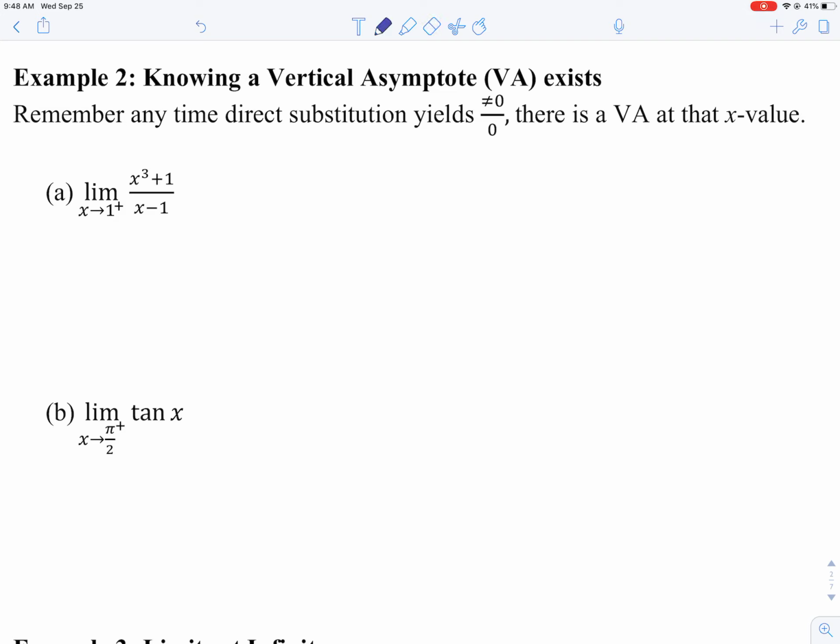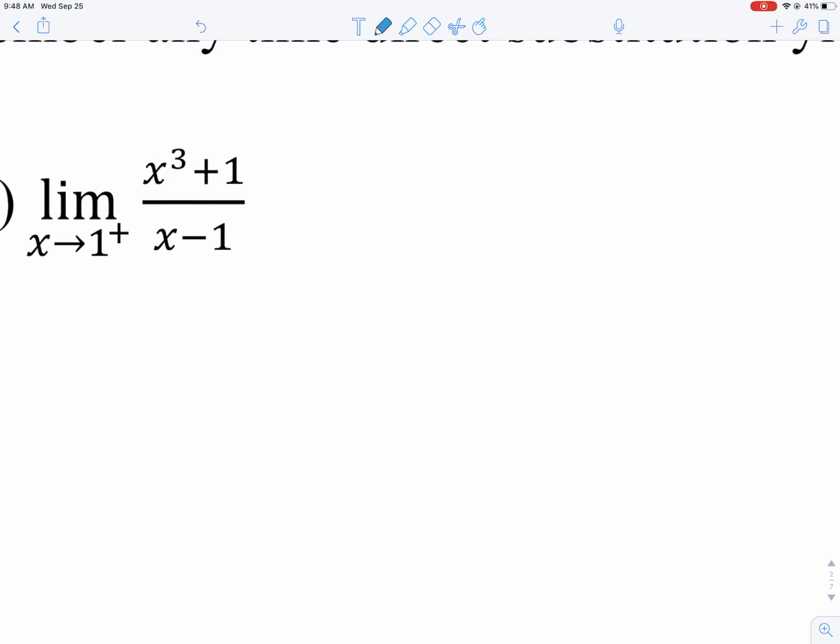So like this first example, when we're taking the limit as x approaches 1 from the right, when I try direct substitution, I'm just plugging 1 in. Okay, and when we simplify, we'll get 2 over 0.